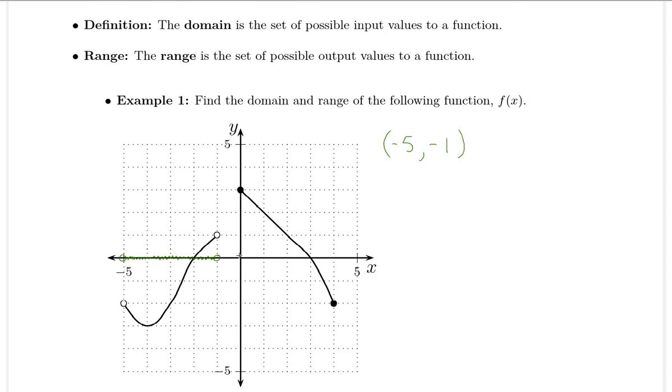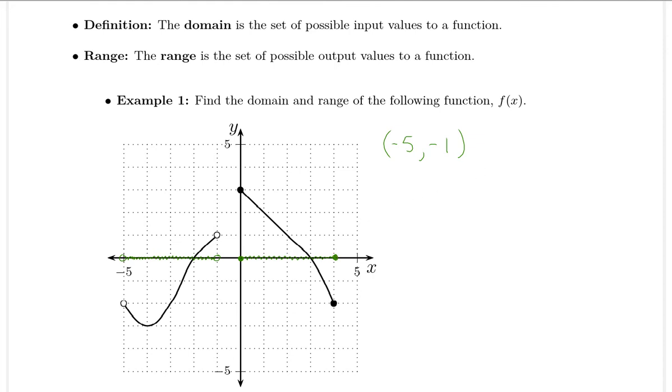And then nothing's happening here between -1 and 0. But the graph picks itself up again at 0, and so all these x values, all the way up to 4 here, exist for the graph. And since we've filled in the circles on the endpoints, we know that we are including 0 and 4.